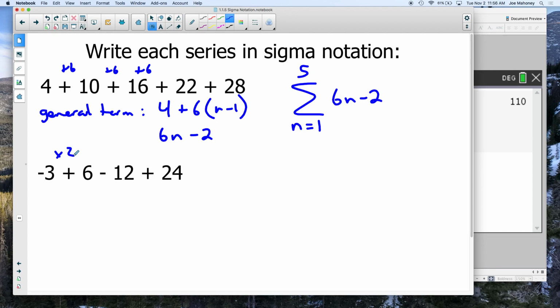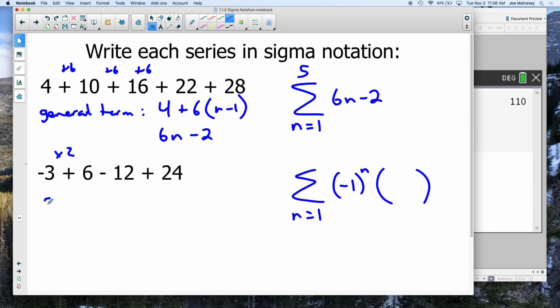So what that's going to mean in my sum, I want to do this negative 1 to the n. I'm going to do negative 1 to the n because if my first term is negative, I know when, for example, n is equal to 1, negative 1 to the first power is negative 1. So negative 1 times whatever I put in there has to give me negative 3.